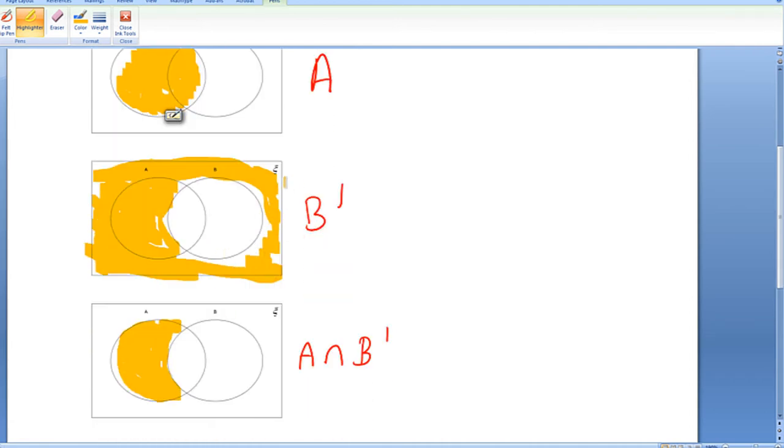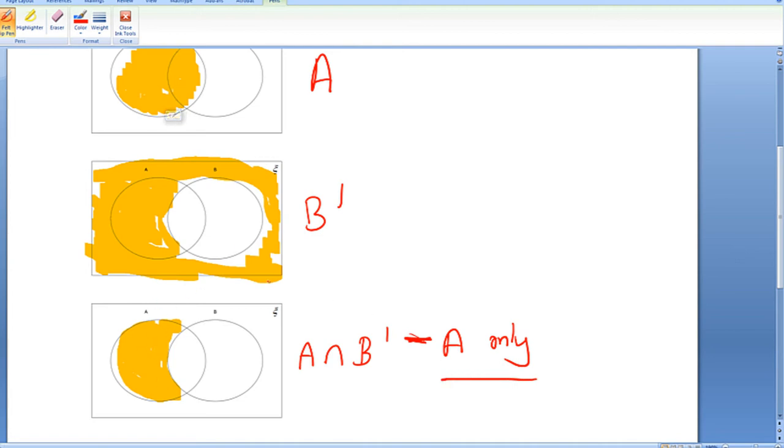Because the outside is shaded in this one and not in that one, we can't shade it. So this is basically our answer. This is A intersect not B. Another way of thinking about this is A only. So that's what it produces, shading A only.